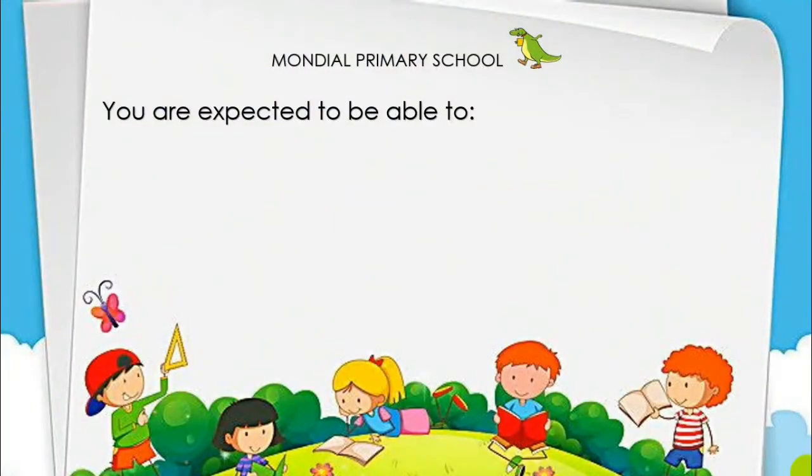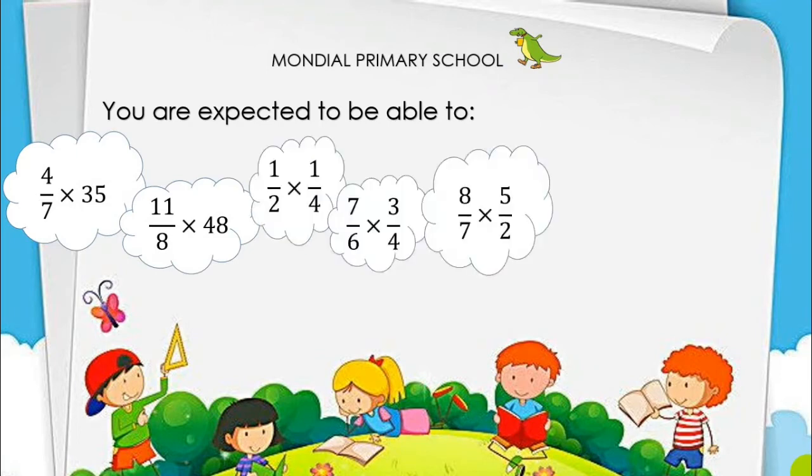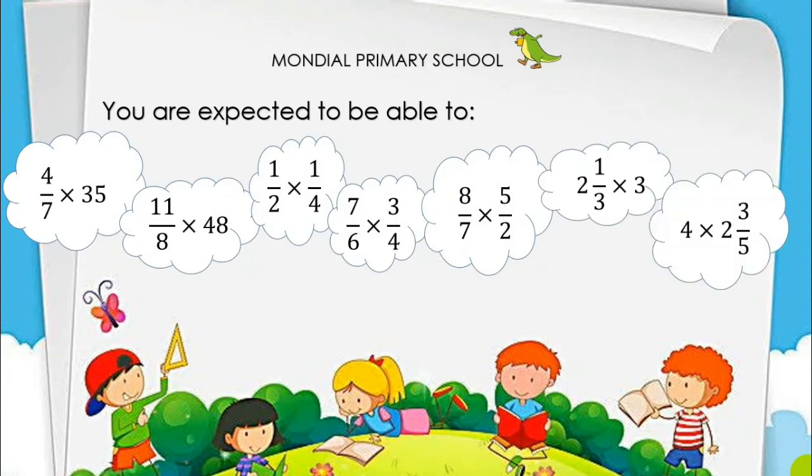After learning this lesson, you are expected to be able to multiply a proper or improper fraction by a whole number, multiply a proper fraction by a proper fraction or an improper fraction, multiply two improper fractions, and multiply a mixed number by a whole number.